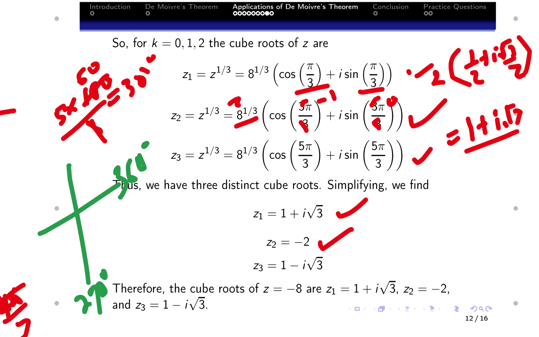This 300 degrees corresponds with 360 minus 300, that is 60 degrees in the first quadrant. So the cosine of 300 degrees is a positive value corresponding to cosine 60, which is 1/2.